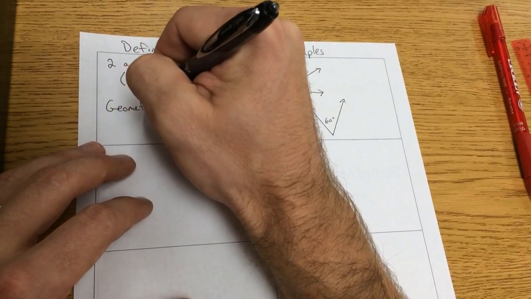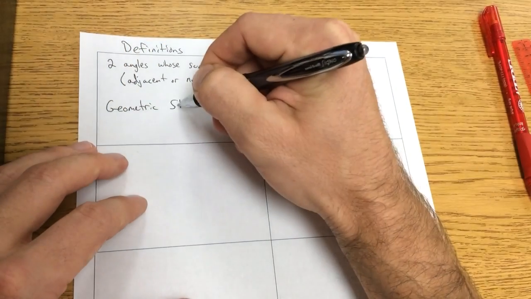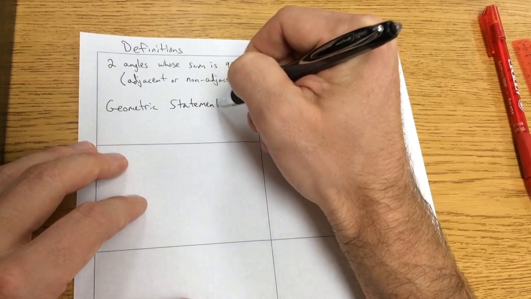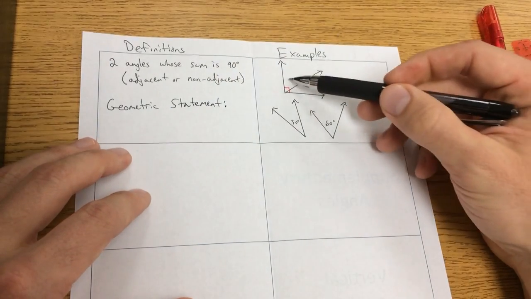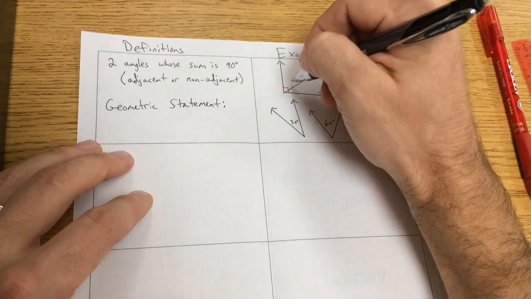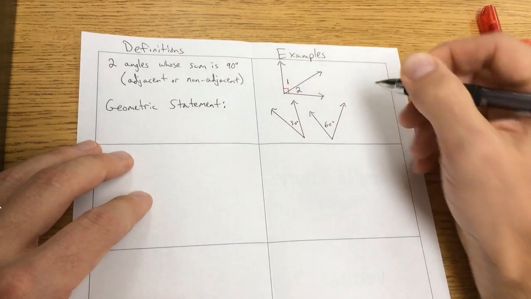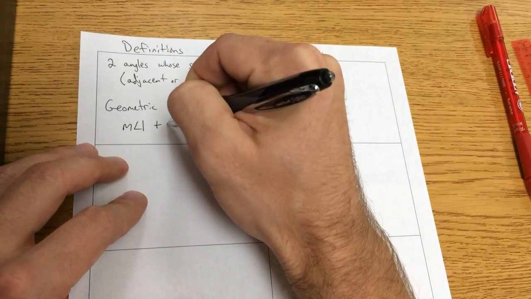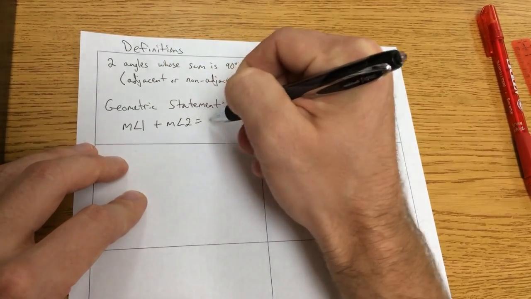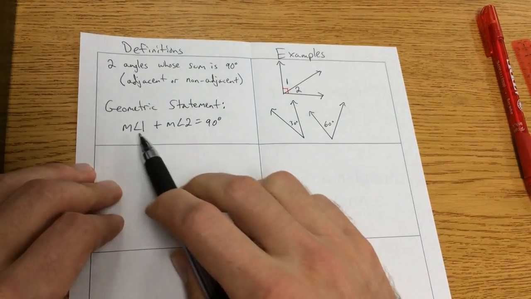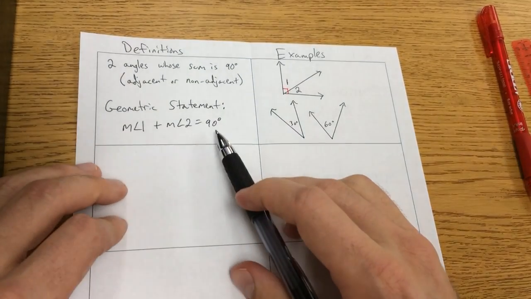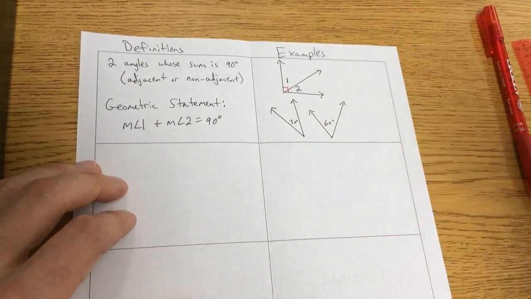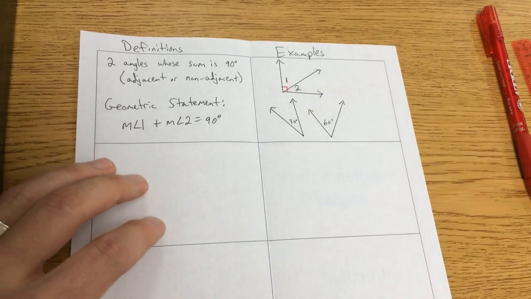A geometric statement that I can make about complementary angles, since both of them add up to 90 degrees, I'm going to label these here angle 1 and angle 2. In this case, the measure of angle 1 plus the measure of angle 2 is going to be equal to 90 degrees. If I make that geometric statement with any 2 angles that I know are complementary, they're very easy to solve and figure out what they're asking for.